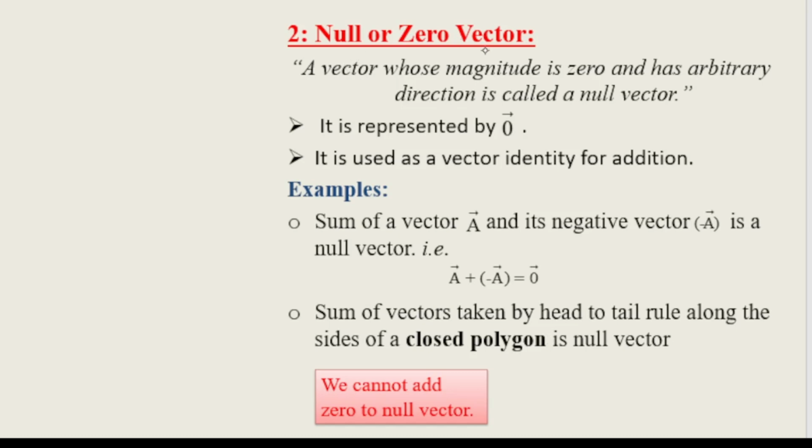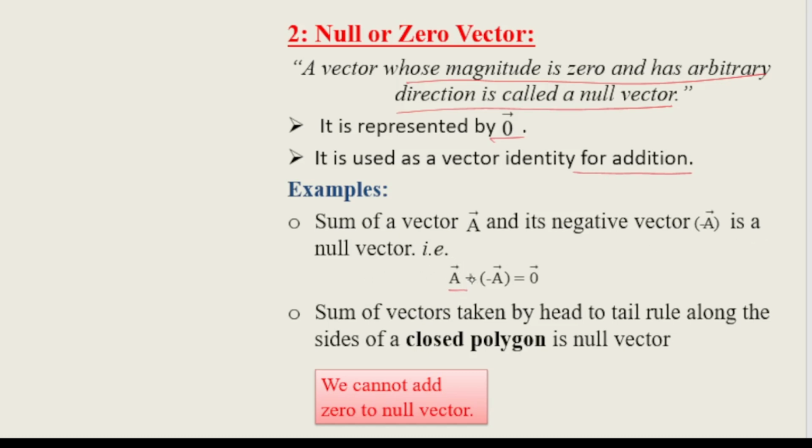Second, null or zero vector. A vector whose magnitude is 0 and has arbitrary direction is called a null vector. It is used as a vector identity for addition. The sum of vector A with its negative vector A is a null vector.